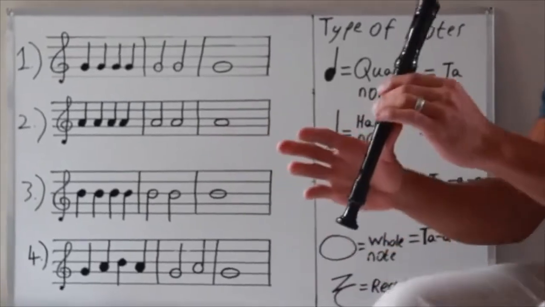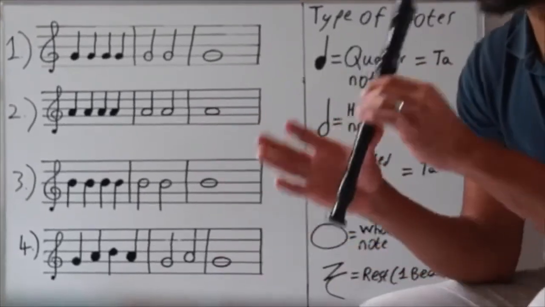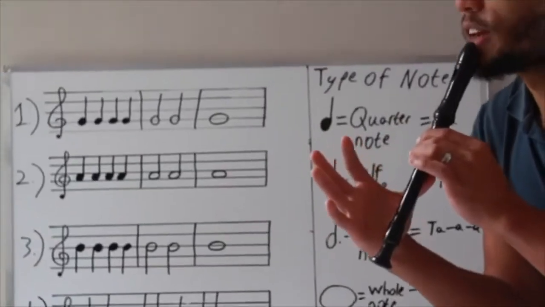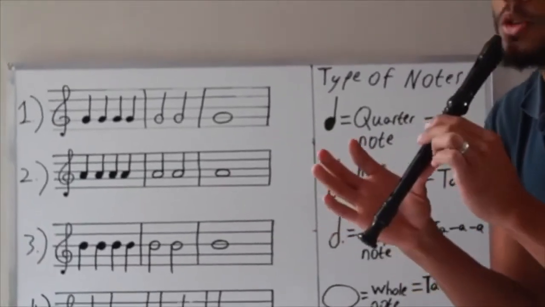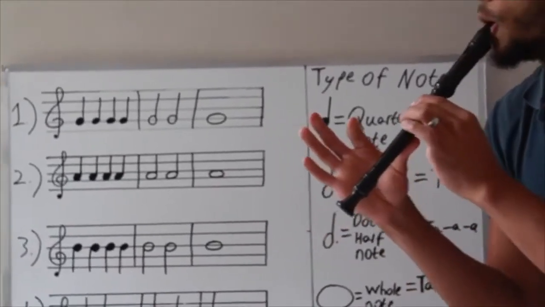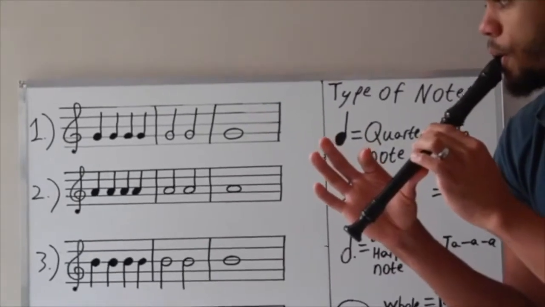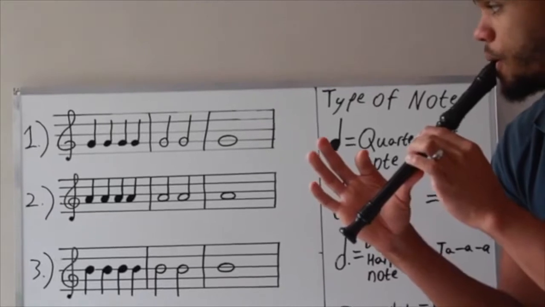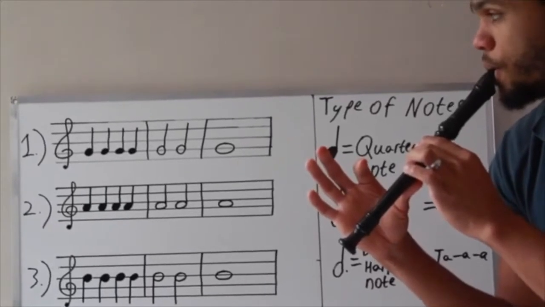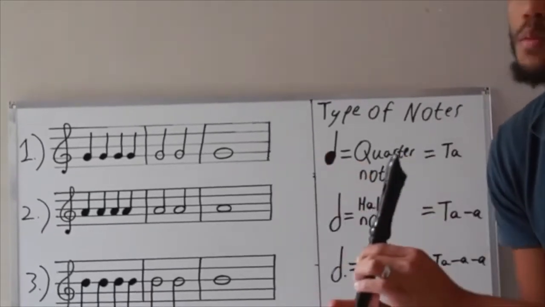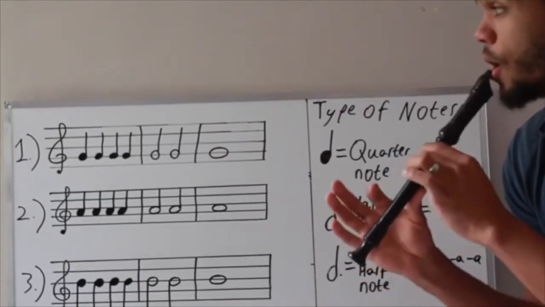Alright, let's put it in the recorder. So hold your recorder, hold an A, rest it on your lips, and let's go in 1, 2, 3, go. One more time, go.